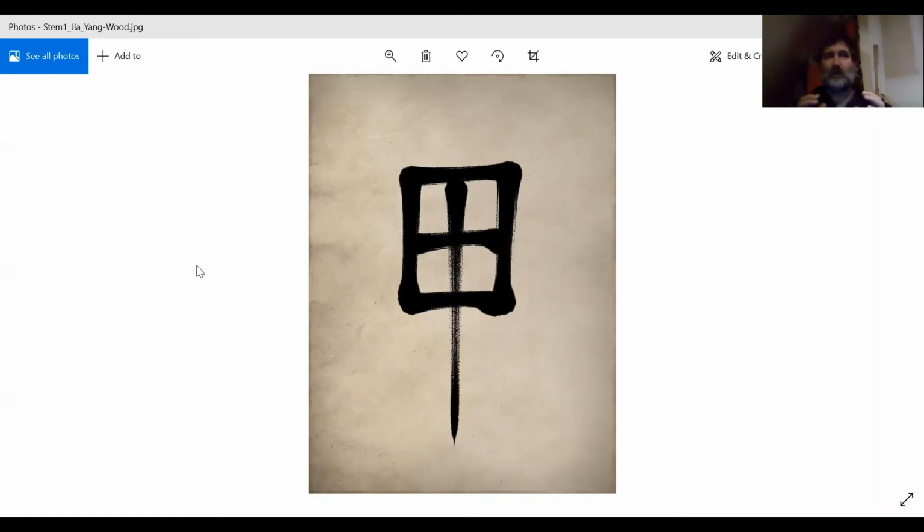So yang wood is really very assertive, growing forward, determination, drive, moving forward. And it is often symbolized by a large pine tree or oak tree, very big, expressive.